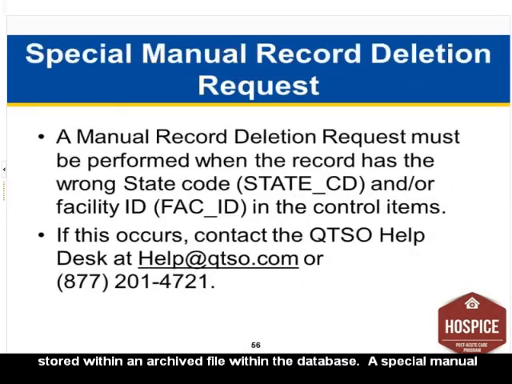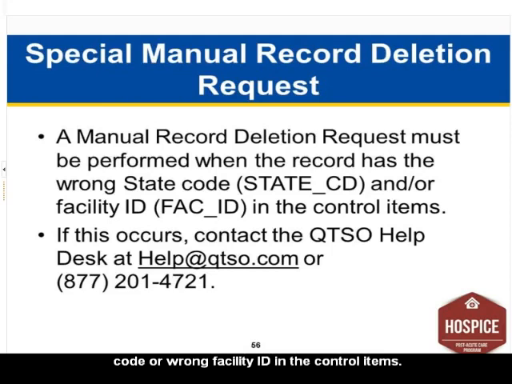A special manual record deletion request is only necessary when there has been an error in a record that has been accepted into the KEYS ASAP system that cannot be corrected with a modification or inactivation request. There are only two items to which this applies. A manual record deletion request must be performed when the record has the wrong state code or wrong facility ID in the control items.